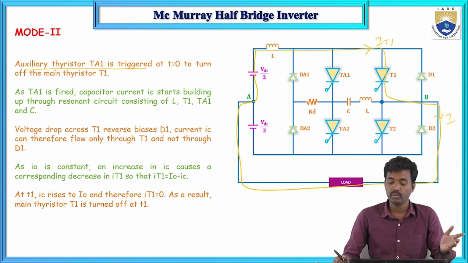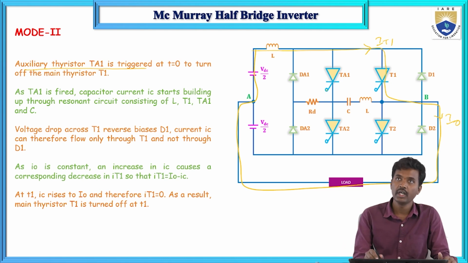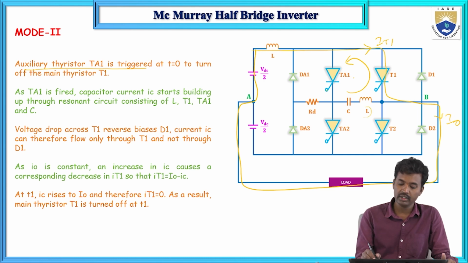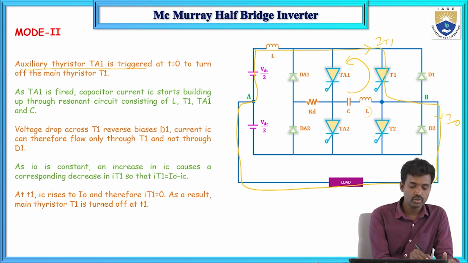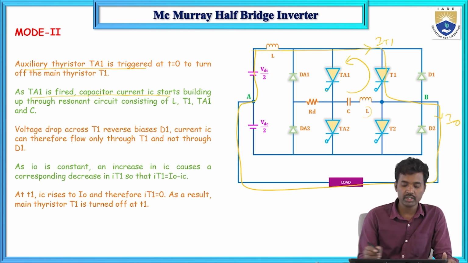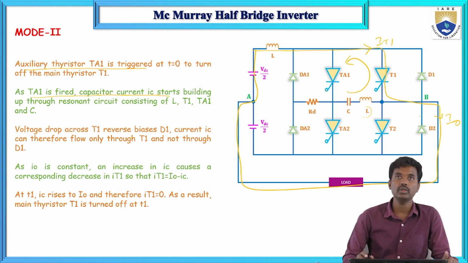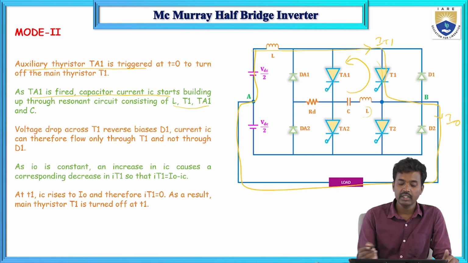But now we give a triggering pulse to the auxiliary thyristor TA1. The capacitor discharges through TA1, through L, T1 and again C. When TA1 is fired, the capacitor starts discharging through the resonant circuit: L, T1, TA1 and C.